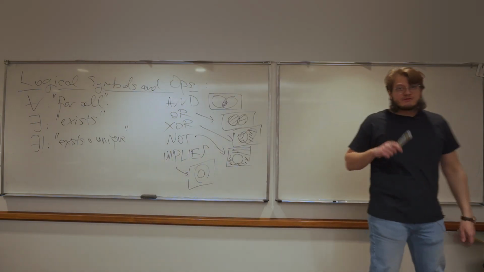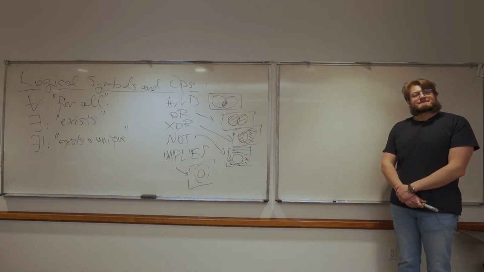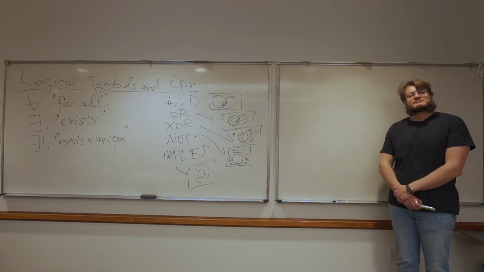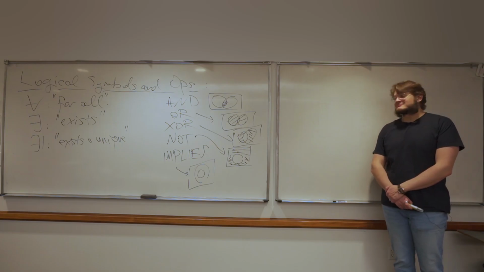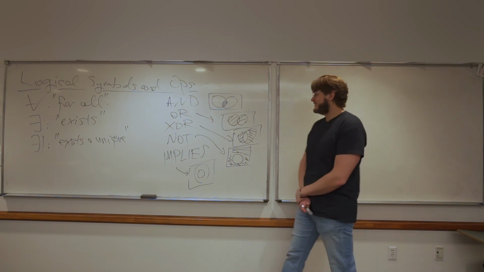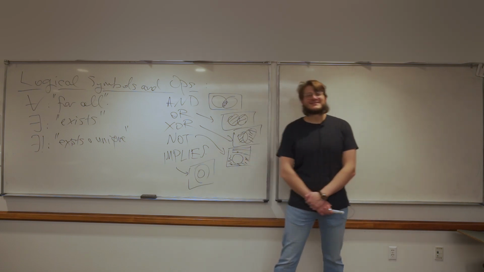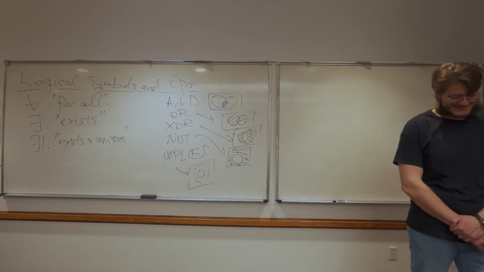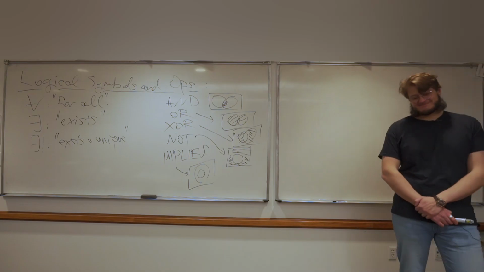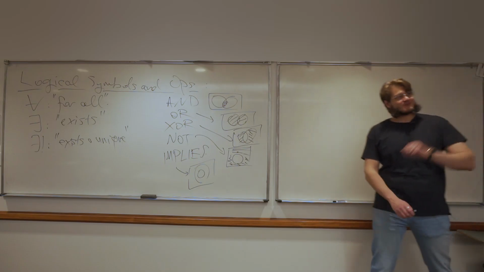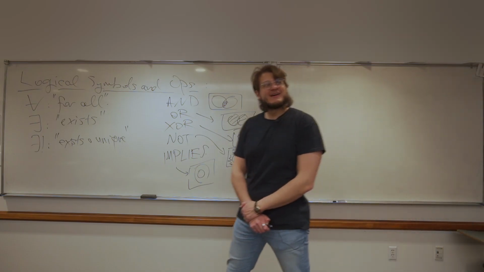Any questions about this? Yes? Is the implies one like the big circle implies the small circle? What does the symbol mean? Maybe I should ask you. Can you explain?